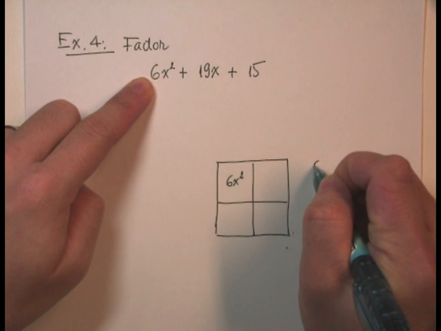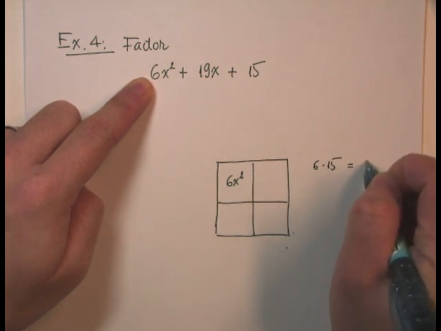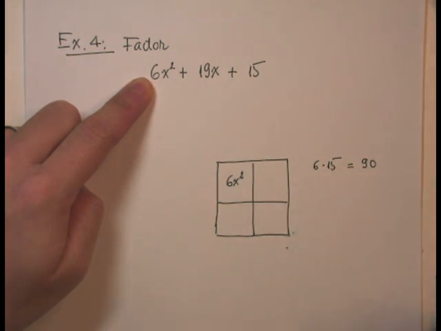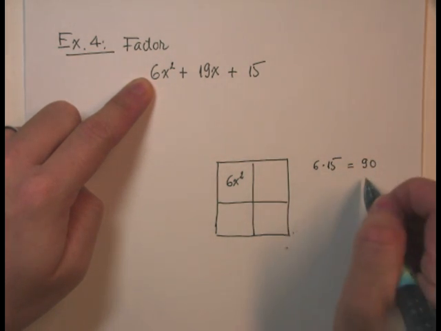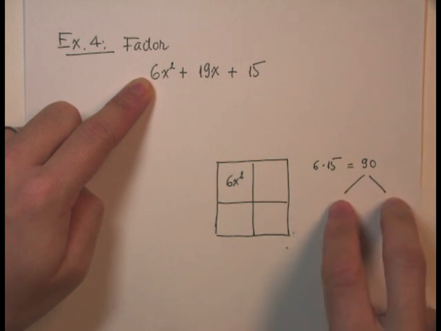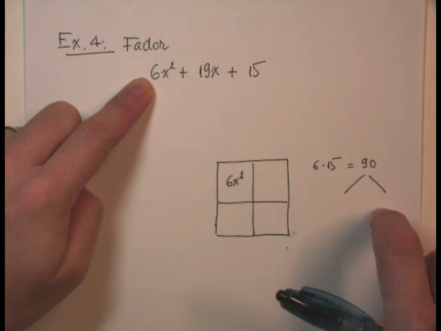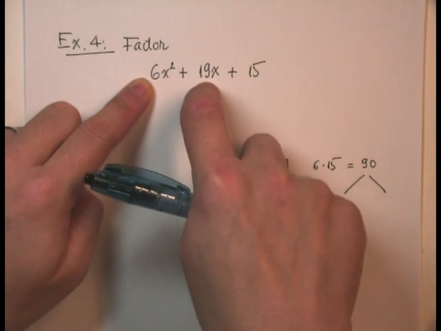So positive 6 times positive 15 equals positive 90. Then I need to find 2 factors of 90, including signs, that sum to 19.